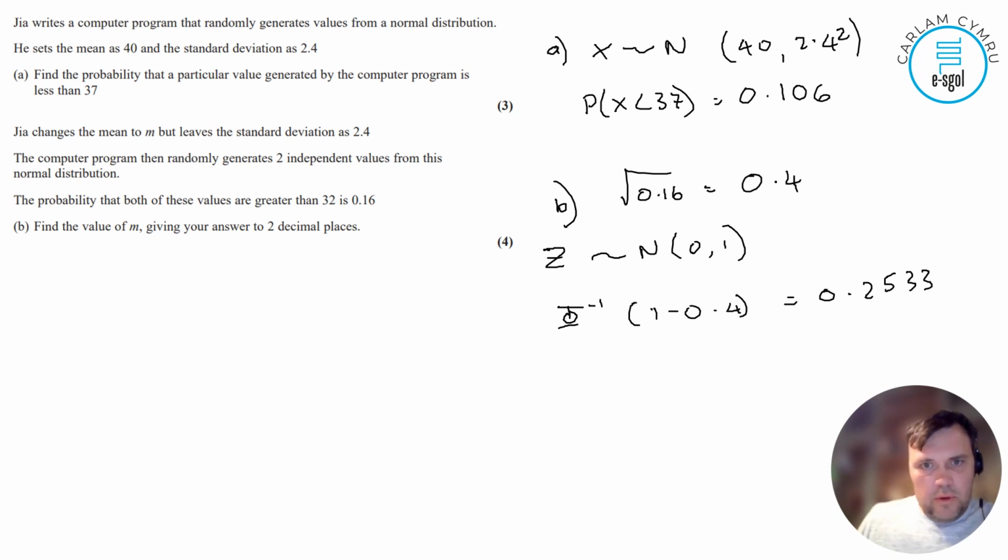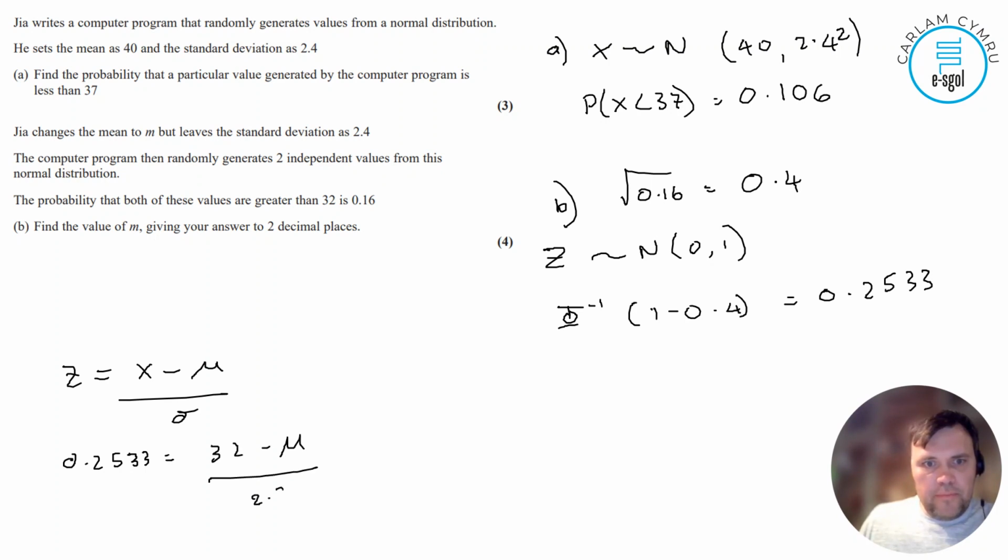And then we'll go back to using z equals x minus mu over our standard deviation. So we would have 0.2533 equals 32 minus mu over 2.4, not 2.2, 2.4.